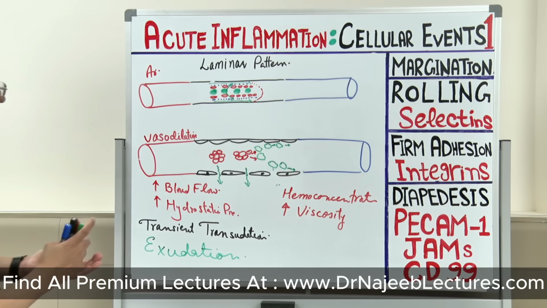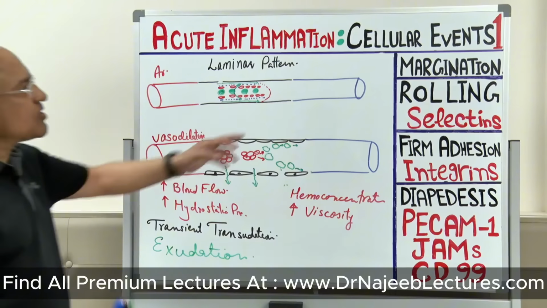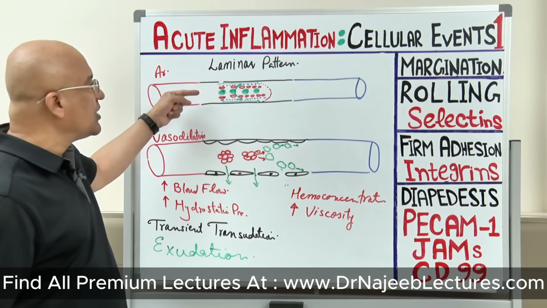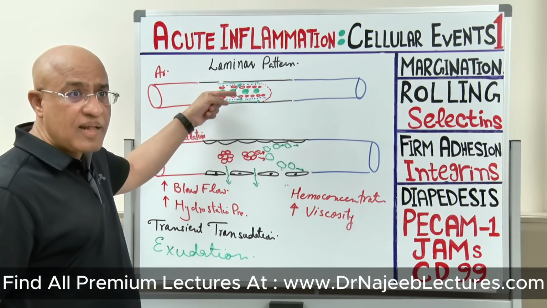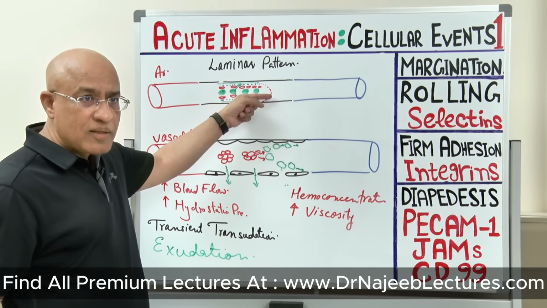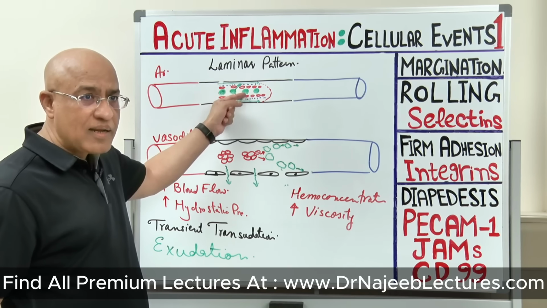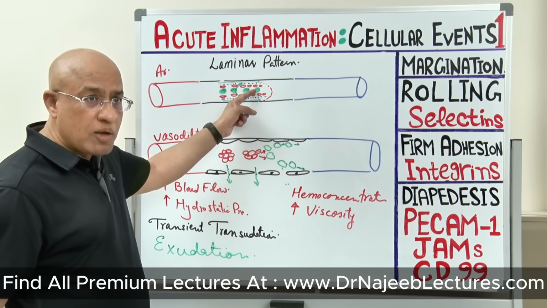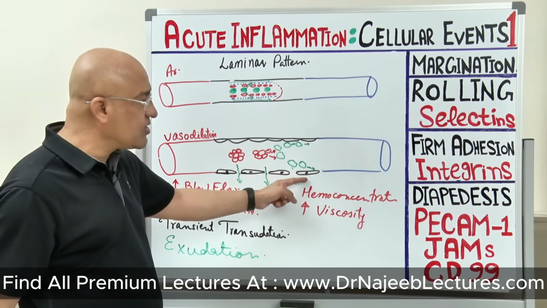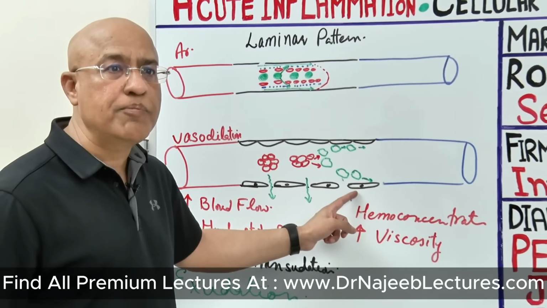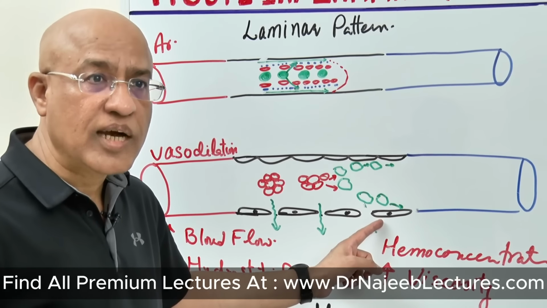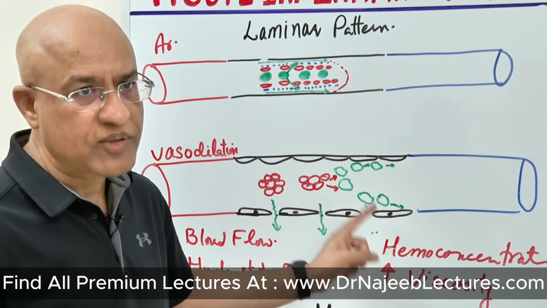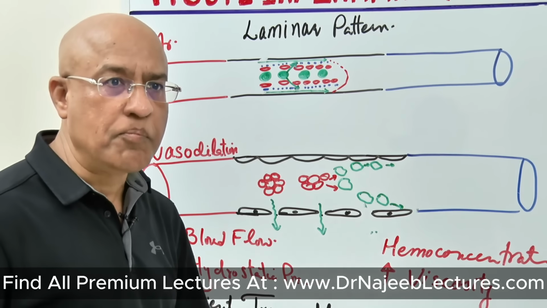First of all, as I told you, what is margination? A process in which centrally, axially flowing white blood cells are kicked out of the central flow to the peripheral area towards the endothelium in the inflamed areas of microcirculation. This process is called margination.